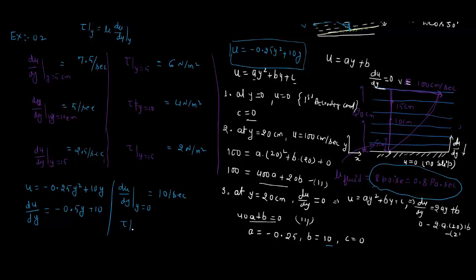So the value of tau at y equals 0 will be 8 Newton per meter square.